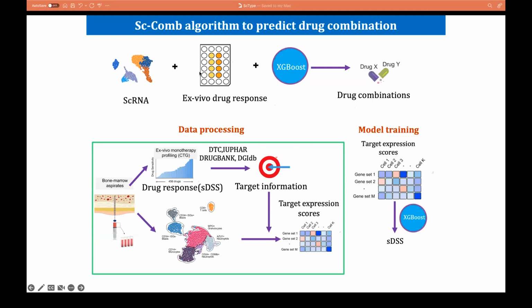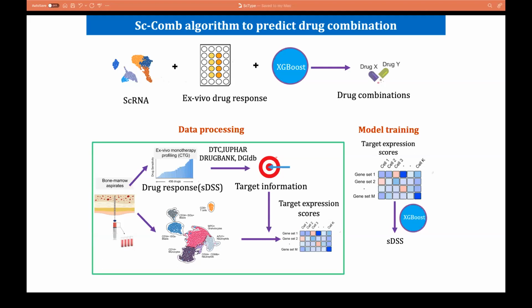Since we have measured the single drug response here, we expect that if a patient has a higher expression of the drug target, then that drug should show more effect or efficacy as compared to a drug that has lower expression of the target in the cancer cells of the patient.